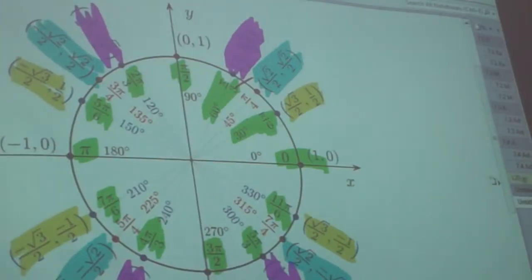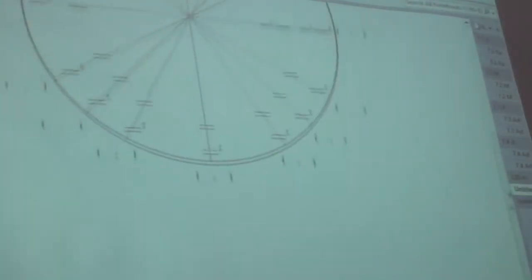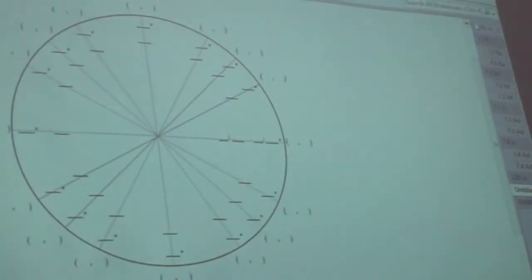So when you eventually get to your unit circle, and let's say that you want to fill this in, let's say that this is 0 degrees, right? We'll do the degrees first because those are the easiest.